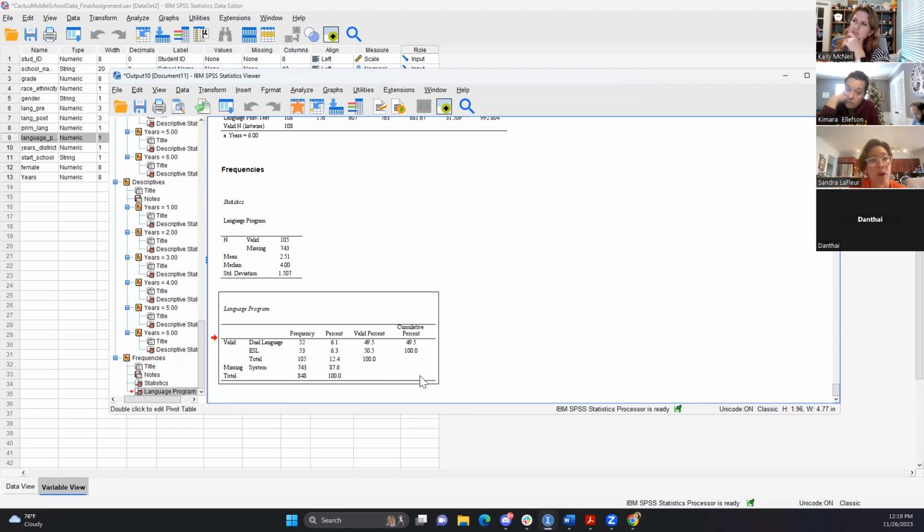What I'm seeing on this one is there's 848 students total, and only 105 of them are enrolled in a program. That's because those are the 105, Kelly, that said English was not their first language. This is only for students who claim English is not their first language. So now you'd want to know how those students did on their pre-post tests.